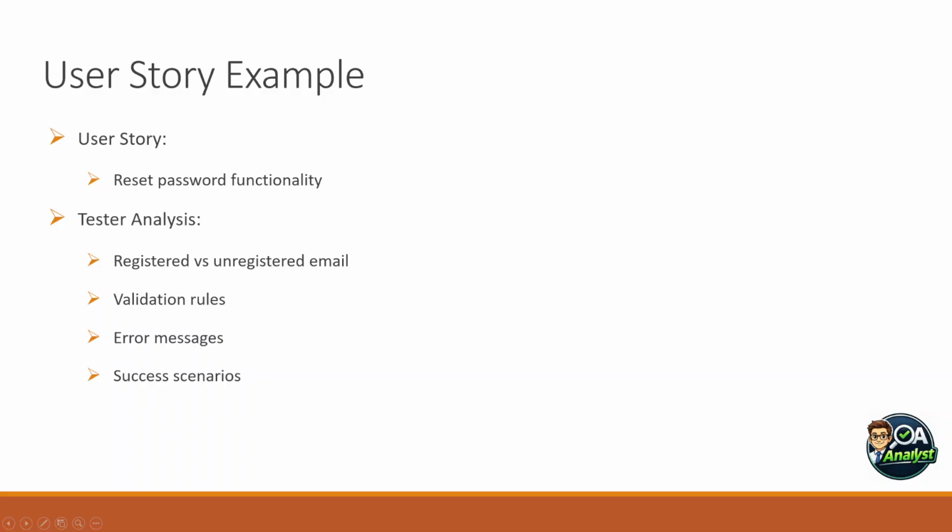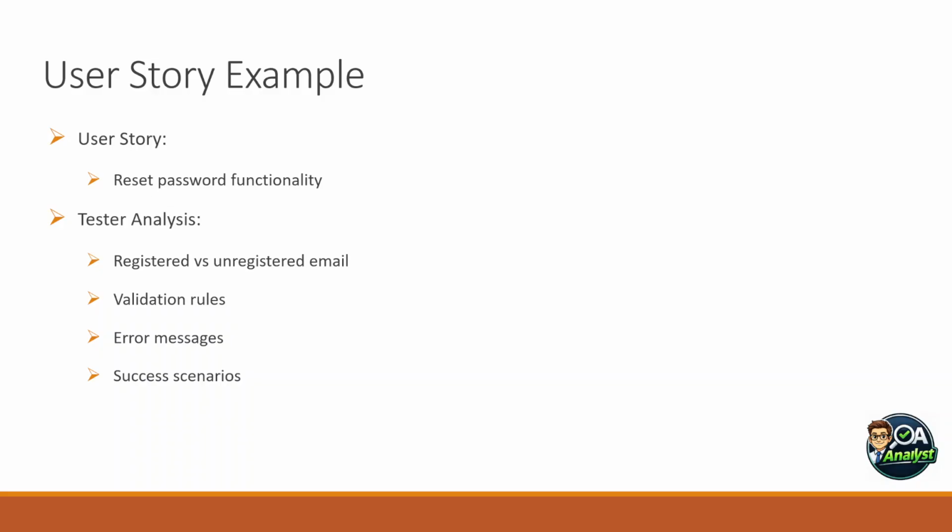Even though user stories look simple, they require deep analysis. For the reset password user story, the tester analyzes registered versus unregistered email, validation rules, error messages, and the success scenarios.